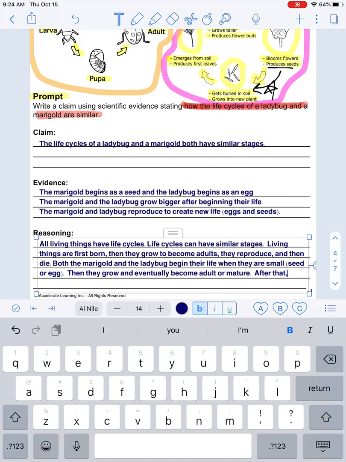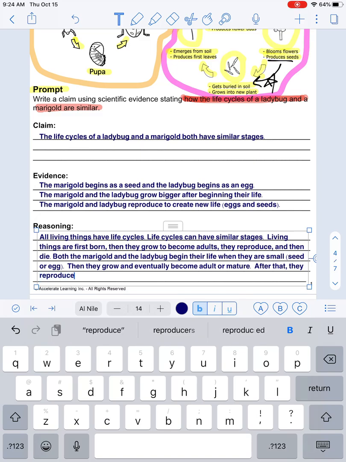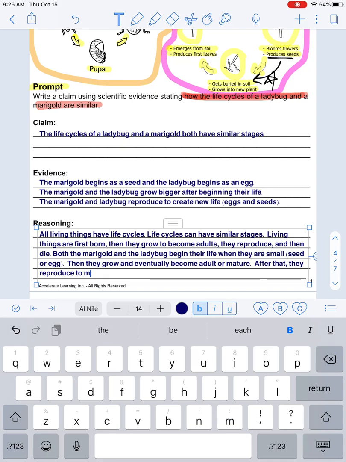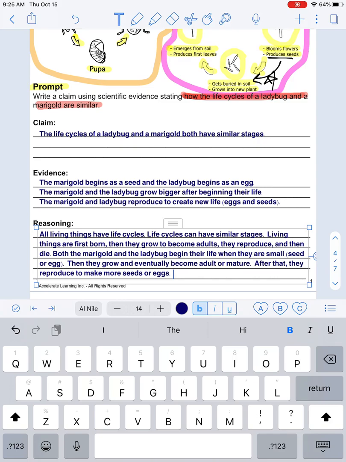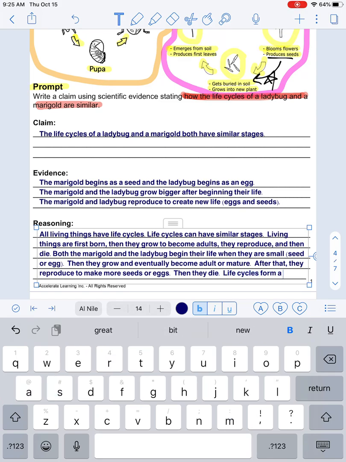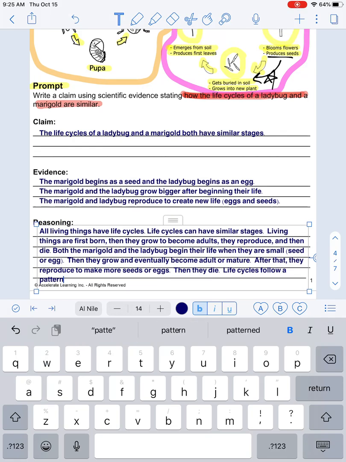After that, they reproduce to make more seeds or eggs. Then they die. Life cycles follow a pattern.